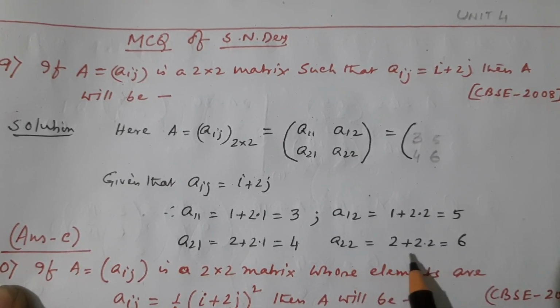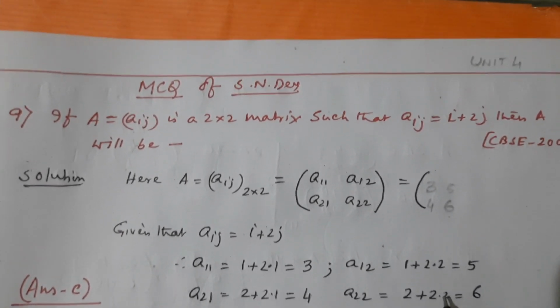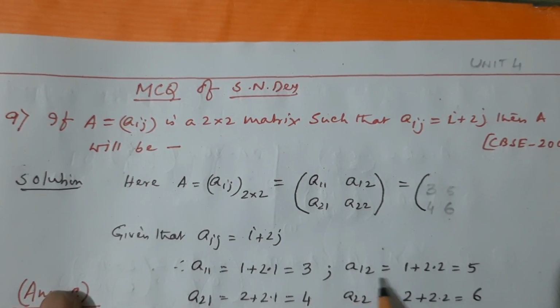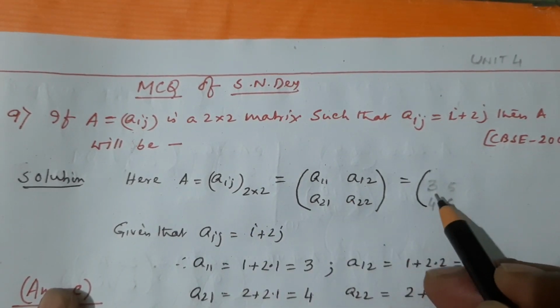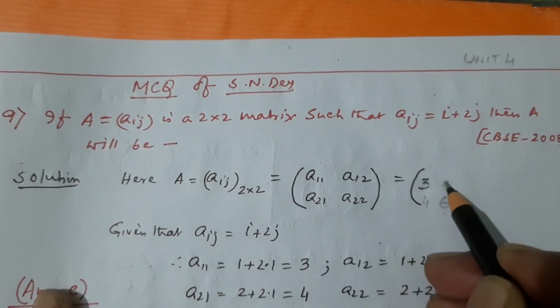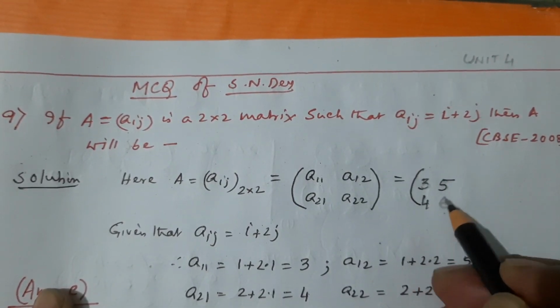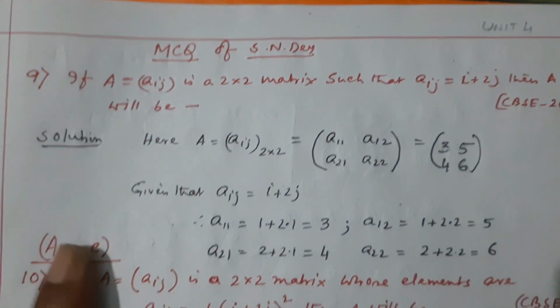A22 is 2 plus 2 into 2, that is 6. So we get A11 equals 3, A12 equals 5, A21 equals 4, A22 equals 6. Therefore the matrix will be 3, 5, 4, 6. So the answer is C.